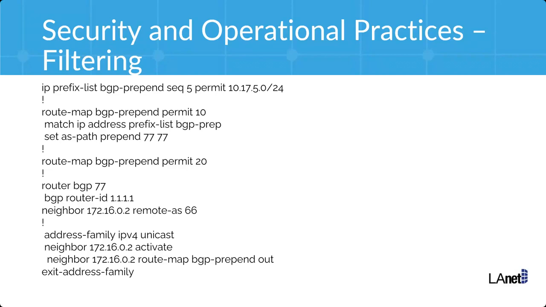Then I create a route map, and I match on that prefix list, and then I set my prepend. You can prepend as many times as you want. You're going to hit diminishing returns, right? Two or three times is about as many as you want to do. Typically. I'm not saying always, but typically.